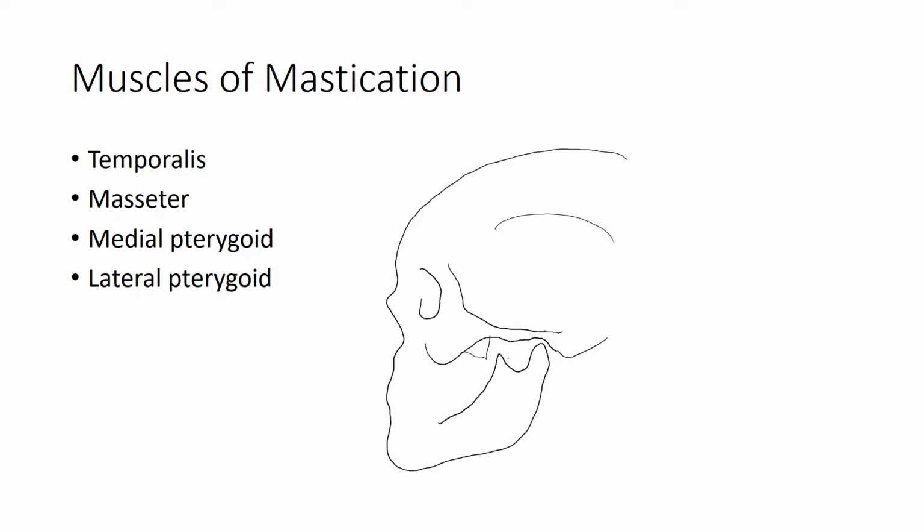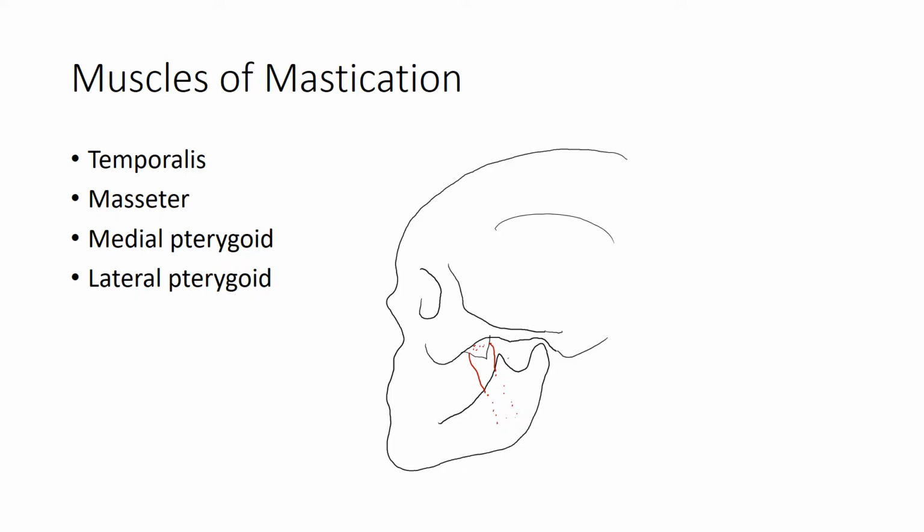Now the medial pterygoid is going to be a little bit hard to show on this image, and I'll show it on future slides, but it inserts on the medial aspect of the lateral pterygoid plate. So I'll show it as dotted lines because it's behind the pterygoid plate, or medial or deep to it, and it comes down and then inserts on the lingual side of the angle of the mandible.